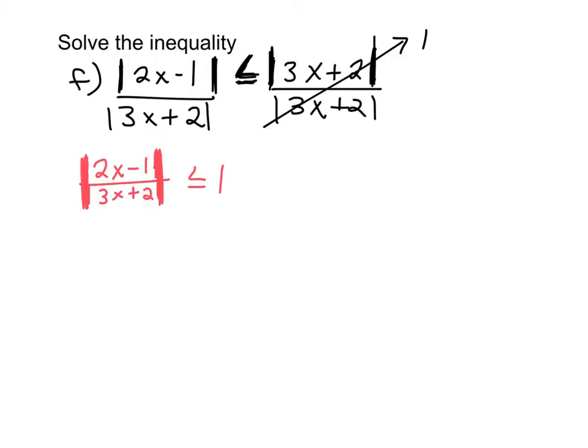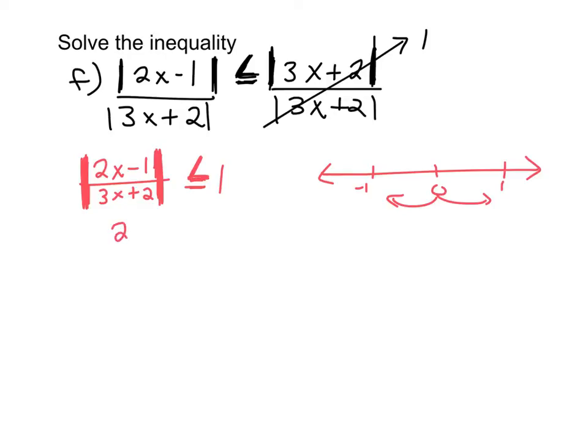Okay, so now once I have that, I'm going to draw my number line again. I'm going to try to understand this. So I have 0 here, and I need to travel a distance that is less than or equal to 1. So I get to negative 1, I get to 1.